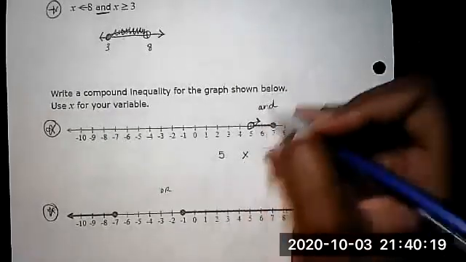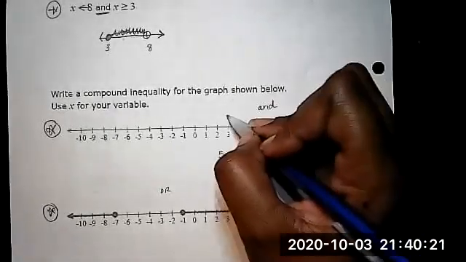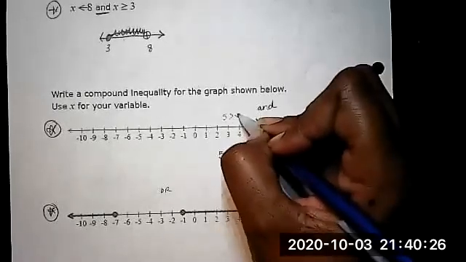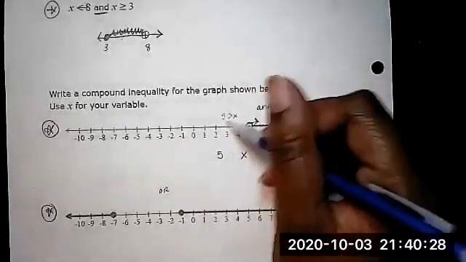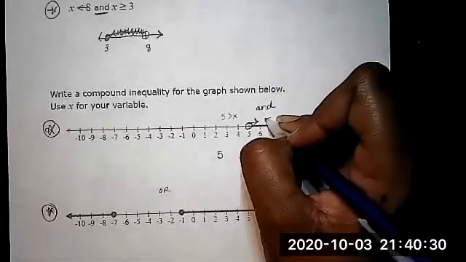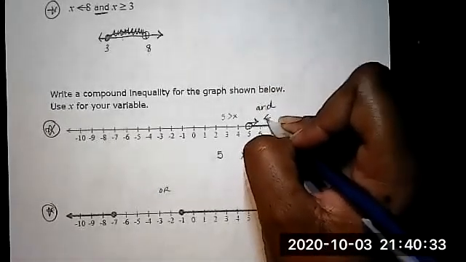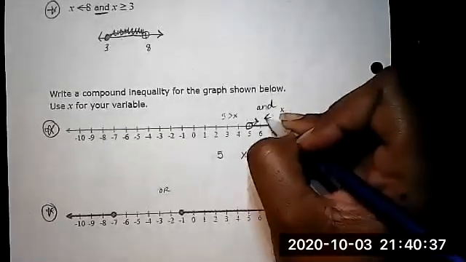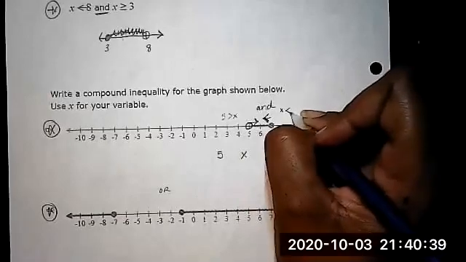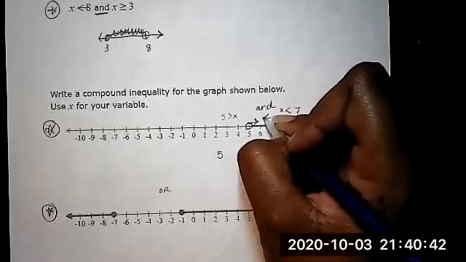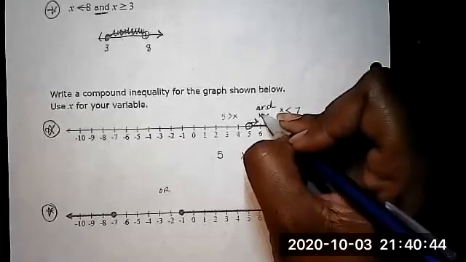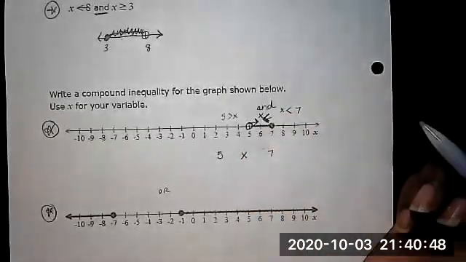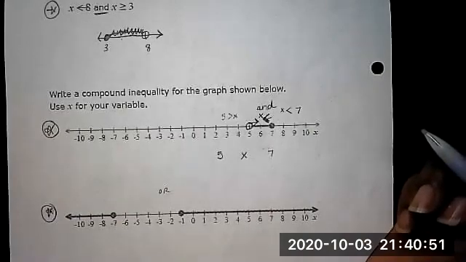So for this particular one, it would be 5, and then I have this for my x. And for this particular one, it looks like that, and my x is on this side, and it looks like it's less than 7. So if my x would be in the middle, x would be less than 7 in that particular case.